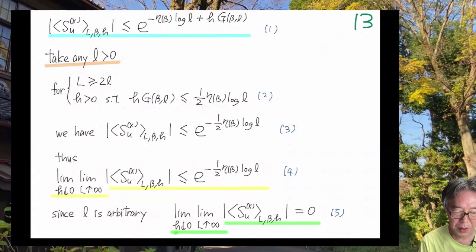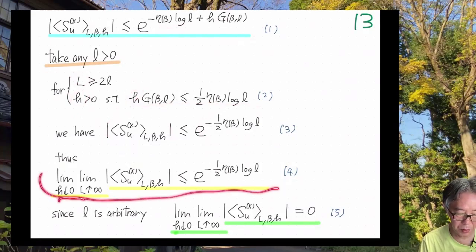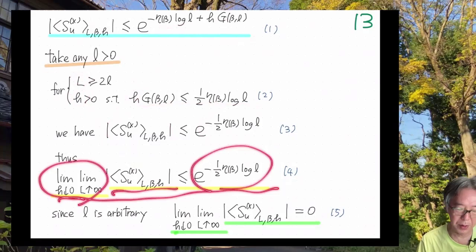So if h is small enough that this is valid, then of course this tells you that this is upper bounded by this. Since this is smaller than half of this, you have this. Since L is arbitrary and h is anything which satisfies this, you can make h smaller and smaller if you want. So you can show that in this double limit, this is upper bounded by this.